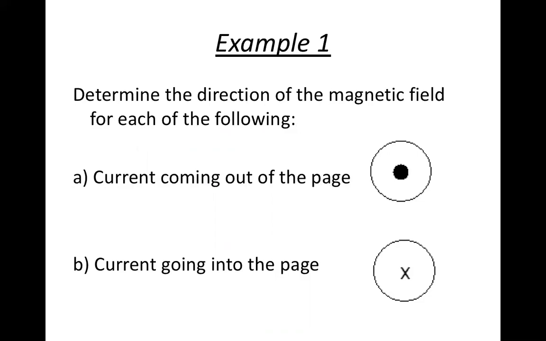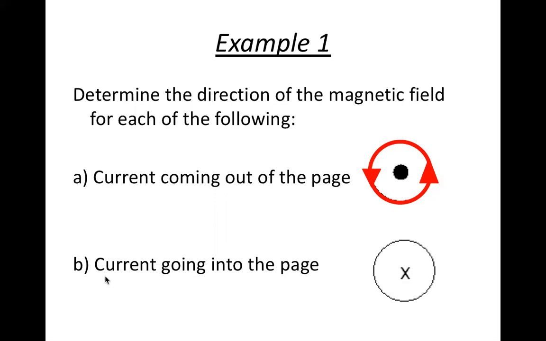Do you see how your curled fingers are counterclockwise? That means if you were to put a compass on the left side, the needle would point down. A compass on the right side, it would point up. If you put the compass needle here, it would point left. If you put it here, it would point right.